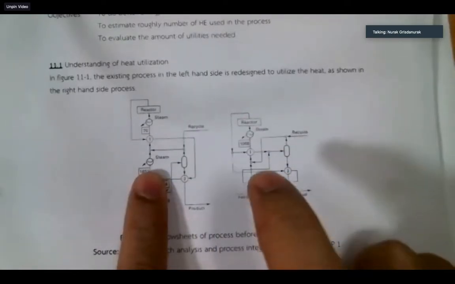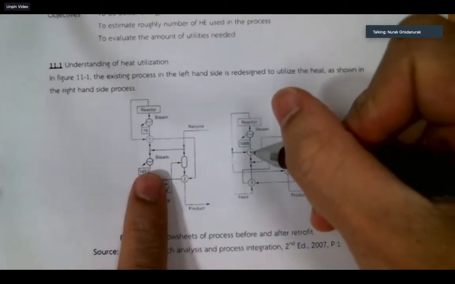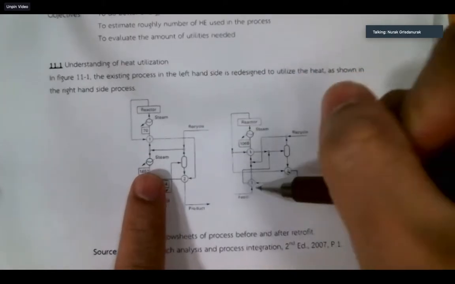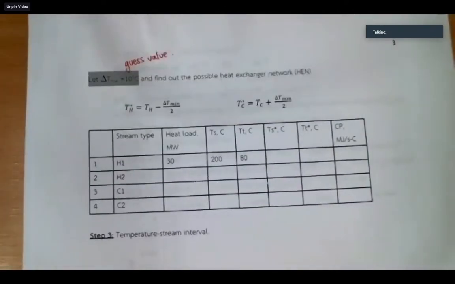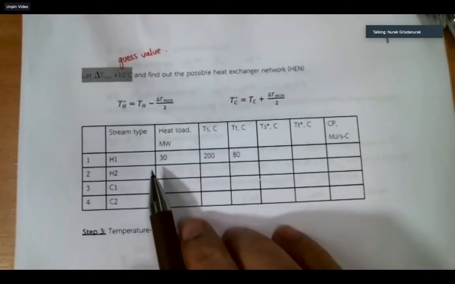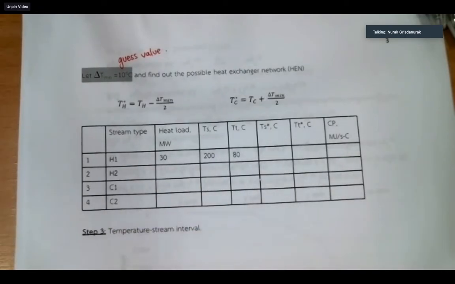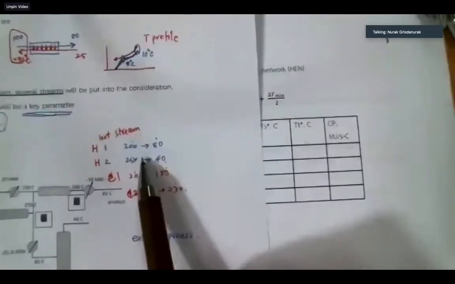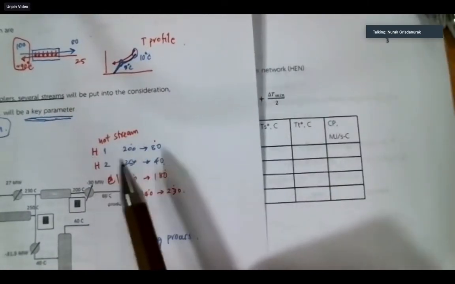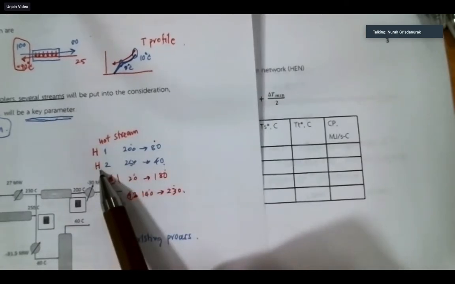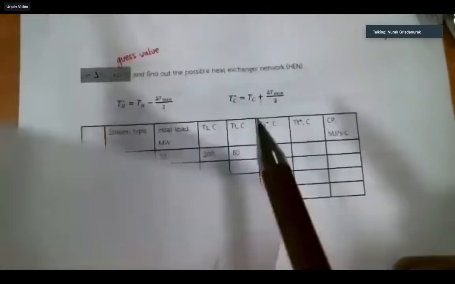We call that a heat exchanger network, right? This is one network, this is the second network, and the third one. Let's begin with H1. Do you remember what I defined here? High temperature to low temperature, we call it hot. Low to high, we call it cold. Same thing.